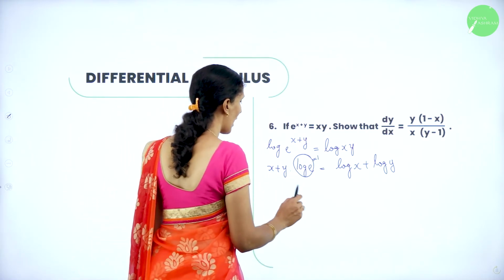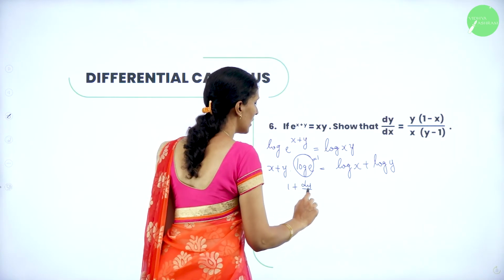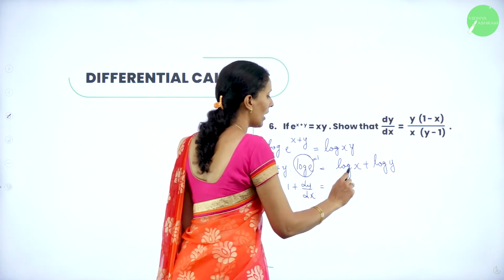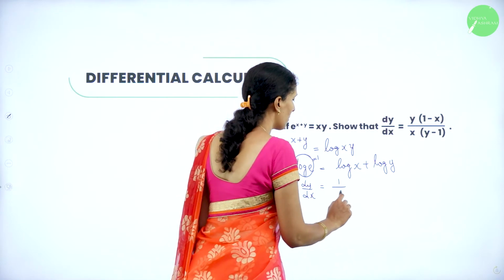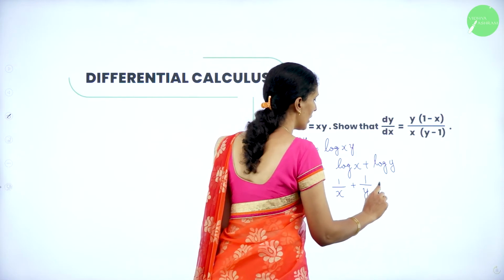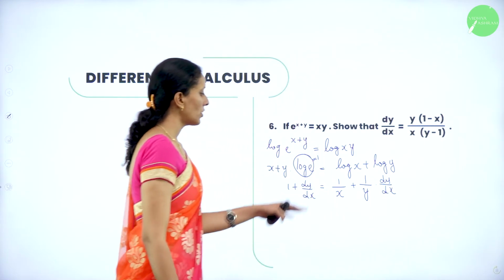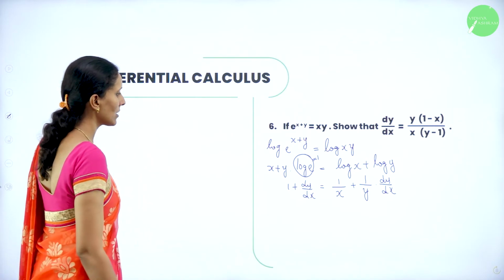x plus y we have. So derivative of x is 1. Derivative of y is dy/dx. Derivative of log x is 1 by x. And derivative of log y is 1 by y into dy/dx. Now shift the factors of dy/dx.